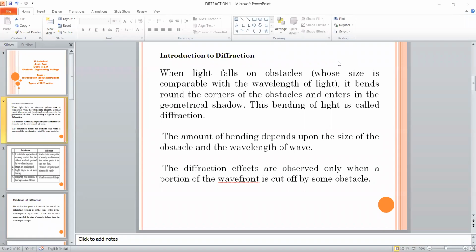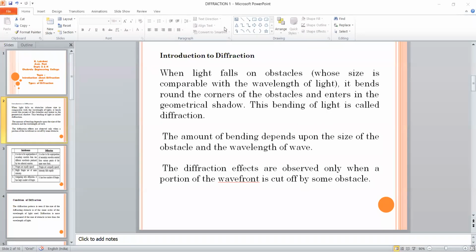And also we discussed the Newton's rings experiment, and the applications of Newton's rings, that is, determination of wavelength of the given sodium light and also determination of refractive index of the given liquid.